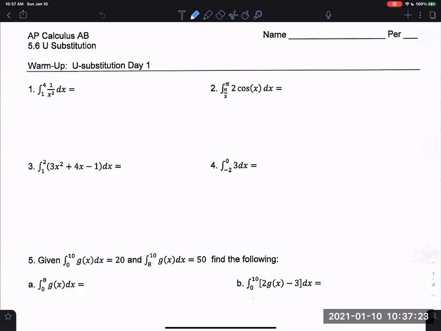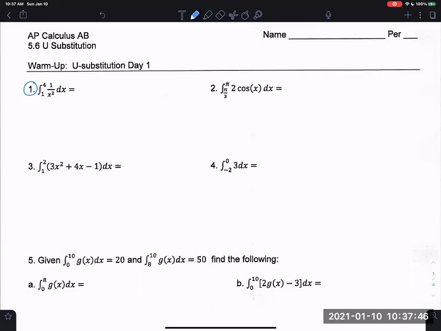So this is a typical problem, problem 1. It's a definite integral. We have a lower bound and an upper bound. This lends itself perfectly to fundamental theorem part 2, right? Our procedure in fundamental theorem part 2: we first need to take the antiderivative.